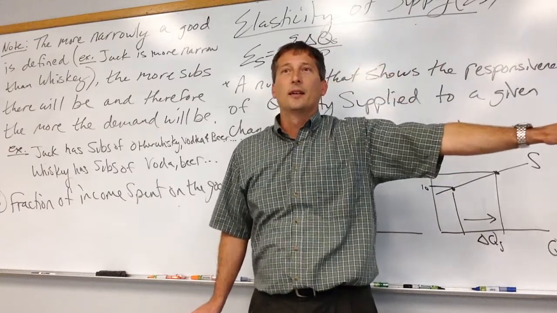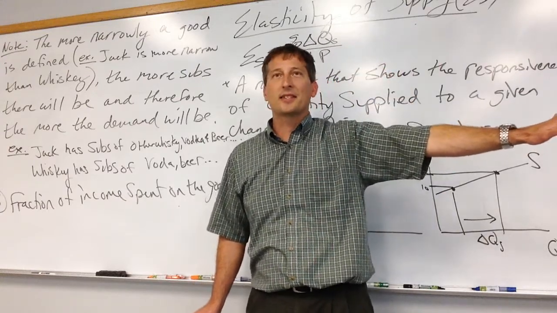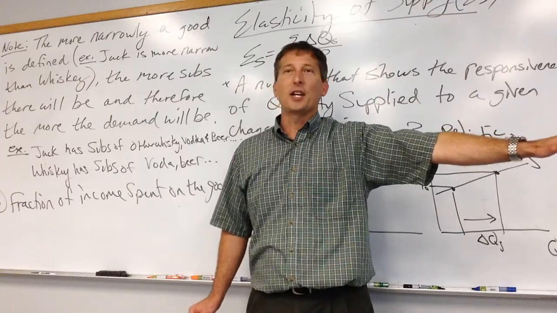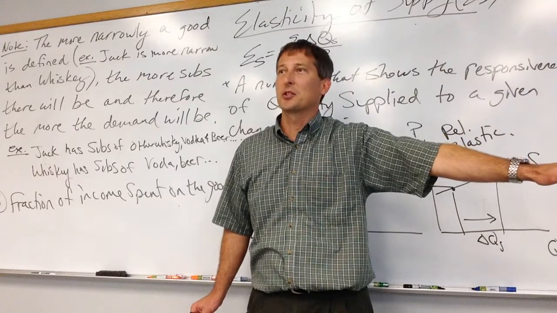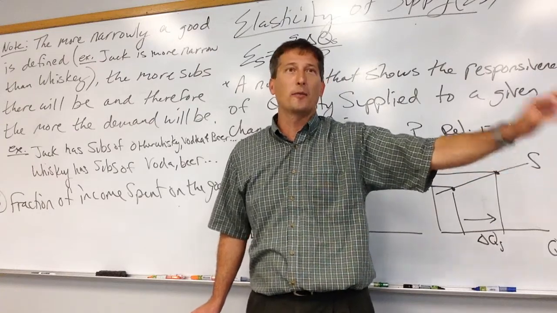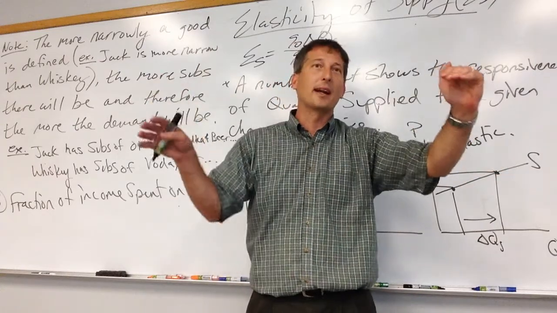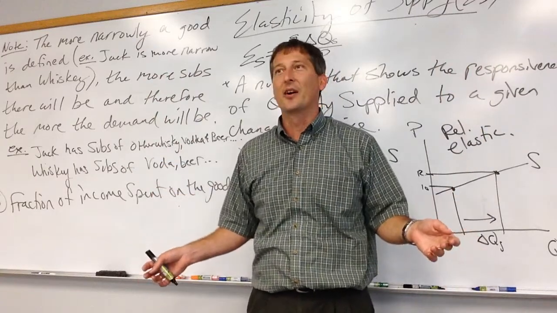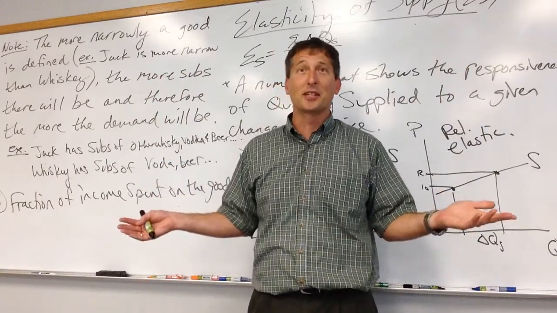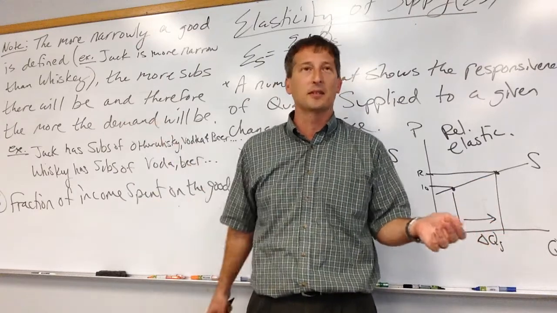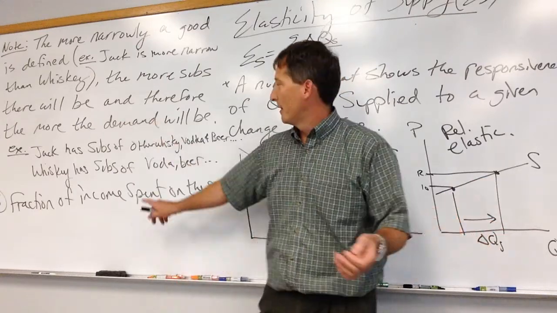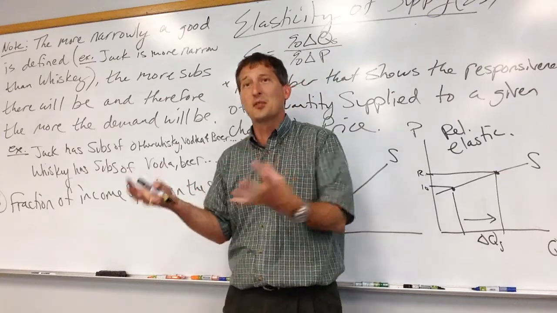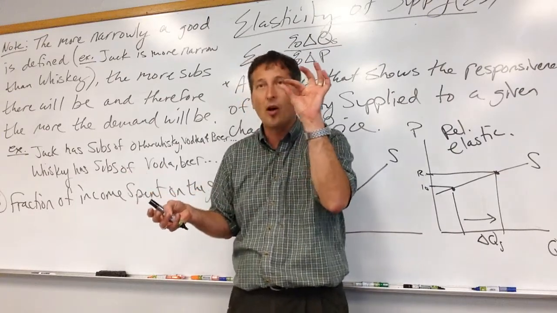When gum prices skyrocket 20%, do you change your purchases very much at the cash register? When gum prices go up from $1 to $1.20, are you like, no way am I buying gum again? Or do you not even really think about the price and just say, hey, I'll have some of this? The fraction of your income that goes towards gum spending is very small.